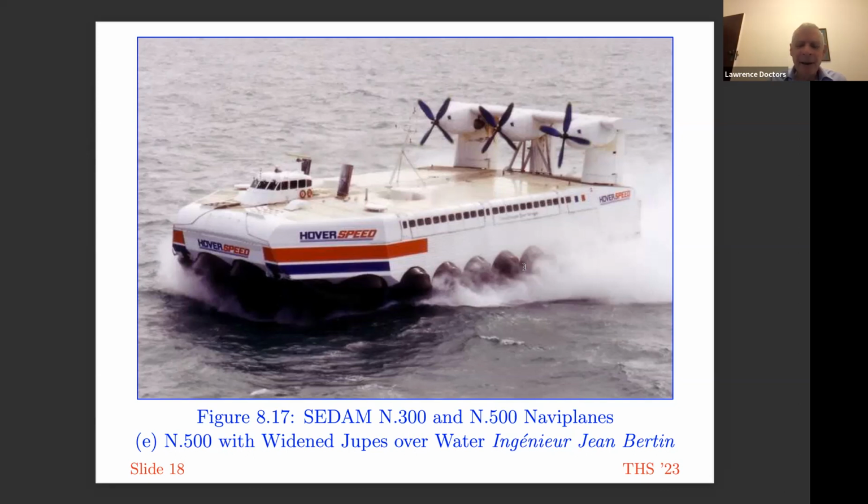If you consider that they might increase the beam by perhaps 5%, and perhaps they increase the effective cushion length of the whole vessel by 5%, that would be a 10% increase in cushion area, which would be quite a useful addition to the total lift obtained from the cushion. So that would provide quite a useful additional cargo carrying capacity.